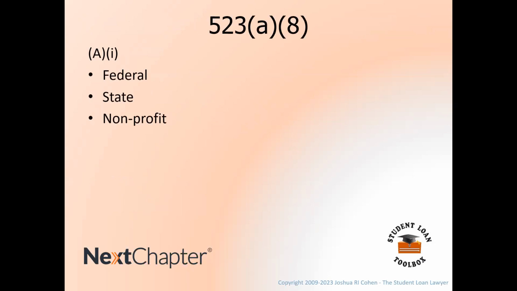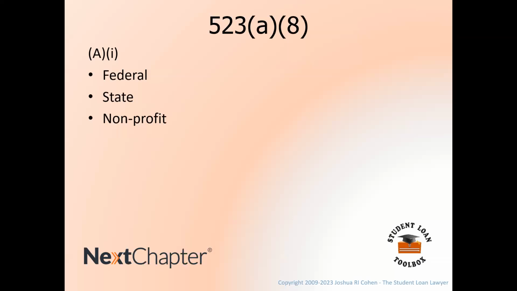(A)(i) makes federal loans non-dischargeable, state loans non-dischargeable, and loans that are underwritten, funded, or somehow tied in with a nonprofit. So if you want to know what loans I'm talking about, National Collegiate Student Loan Trust, those loans were underwritten by a nonprofit called TERI, the Education Resource Institute.